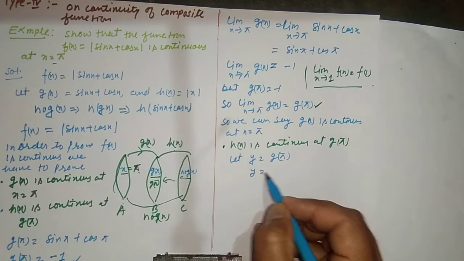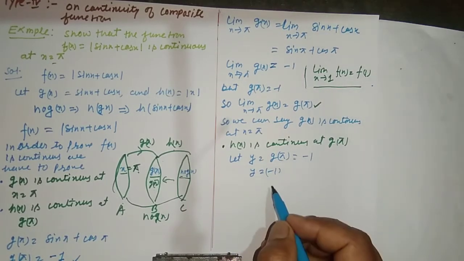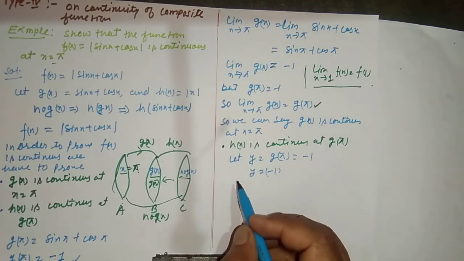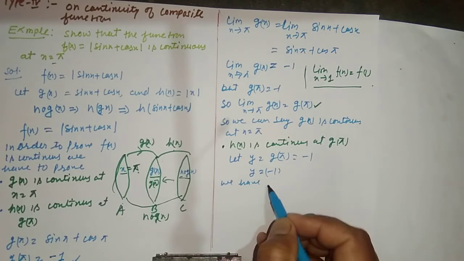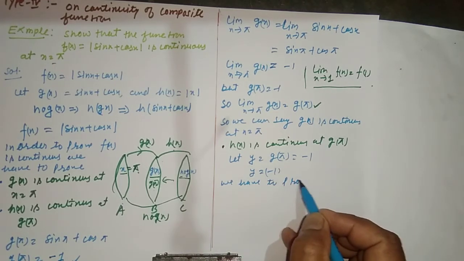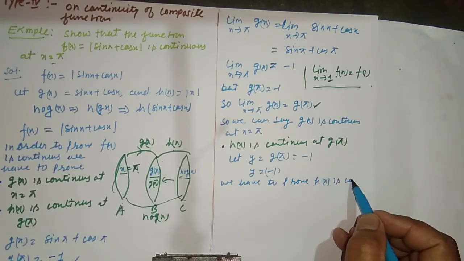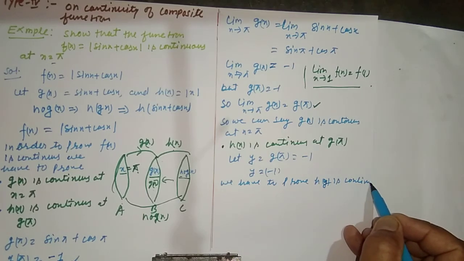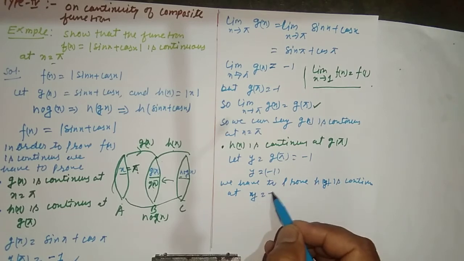So y is equal to -1, because g(π) is equal to -1. So now we have to check the continuity of h(x) at -1. We have to prove h(y) is continuous at y equal to -1.